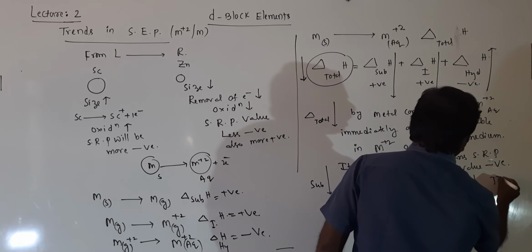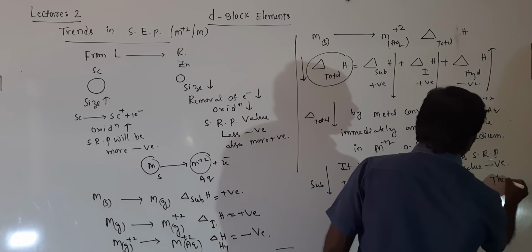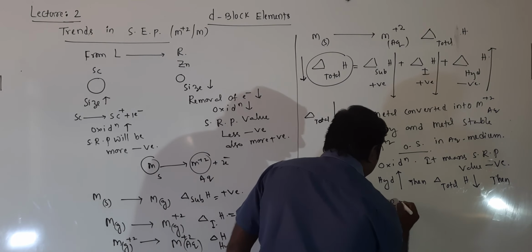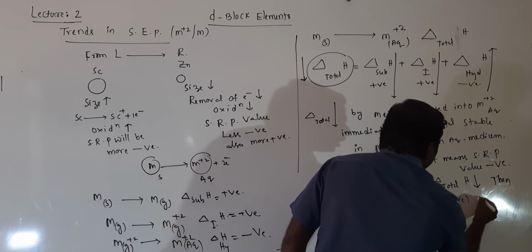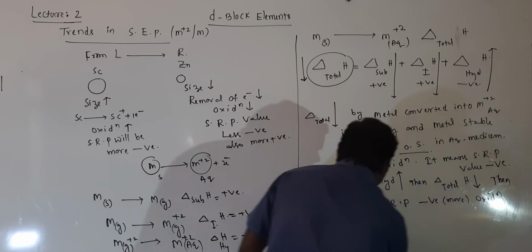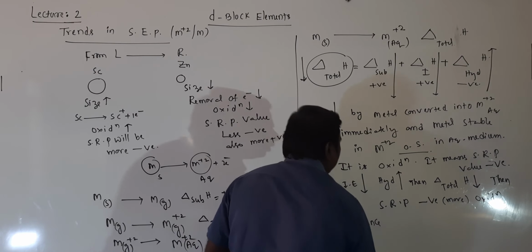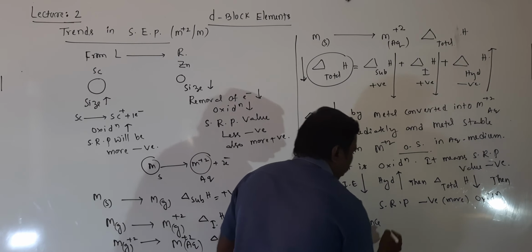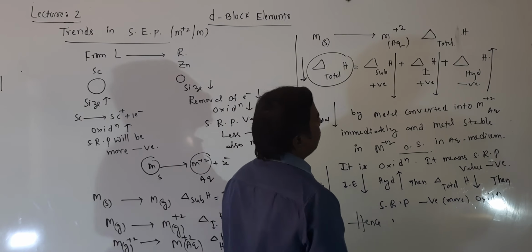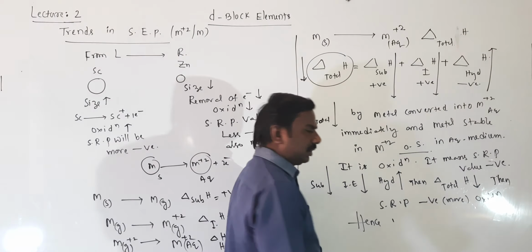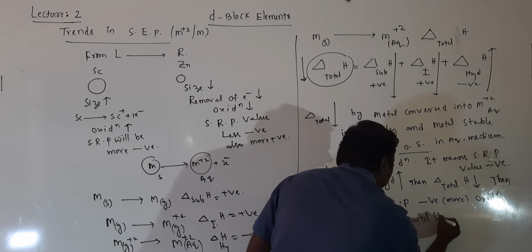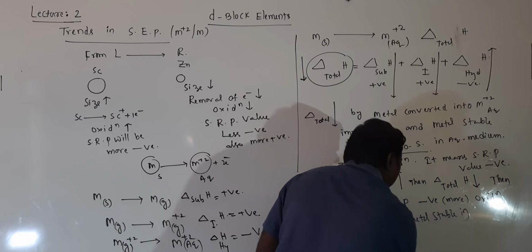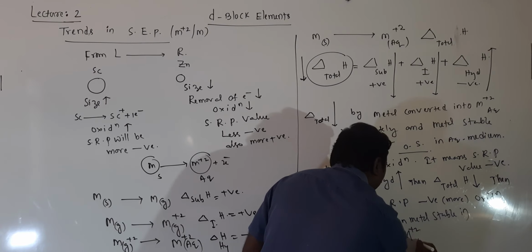Then what will happen, students? Then the SRP value will be more negative for oxidation. Hence M plus 2 is stable, metals are stable in their higher oxidation state, then the metal is stable in M plus 2 aqueous.